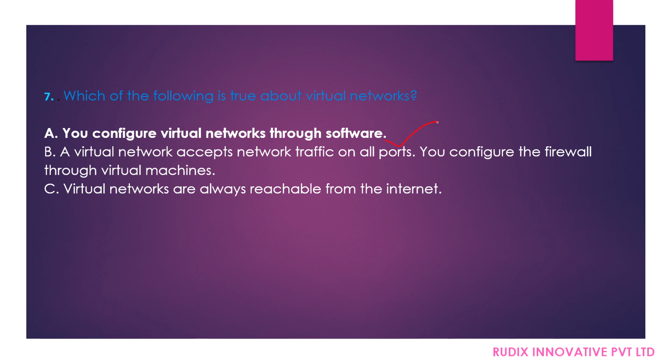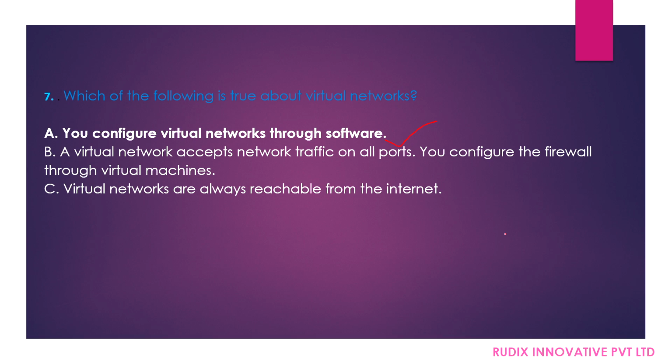We can configure a virtual network through software, typically using the Azure Portal, Azure Command Line, Azure PowerShell, or Azure Resource Manager templates. Coming to option B, it is incorrect because virtual networks do not automatically accept network traffic on all ports. By default, virtual networks use network security groups to control inbound and outbound traffic to resources within the network.